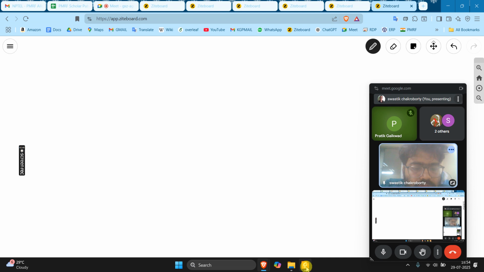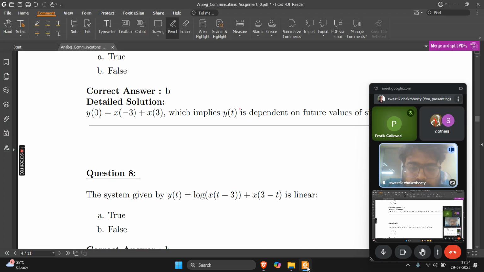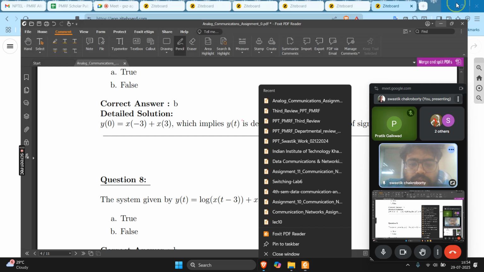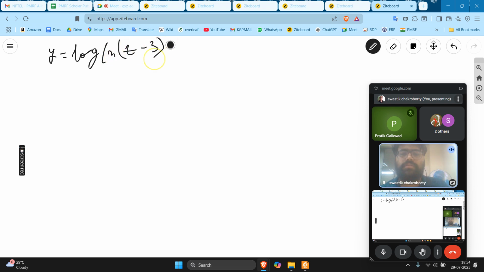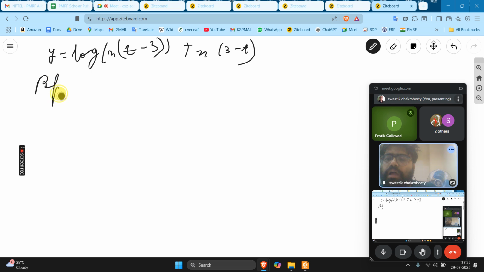y(t) is equal to log x(t minus 3) plus x(3 minus t). Just replace x(t) by c x(t).